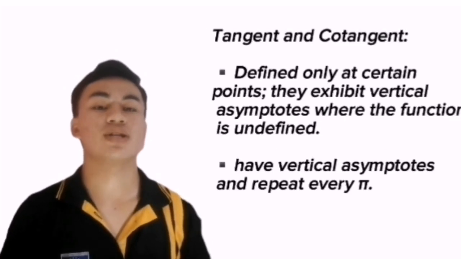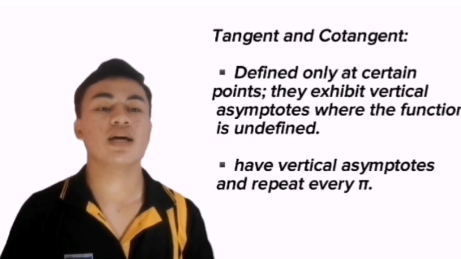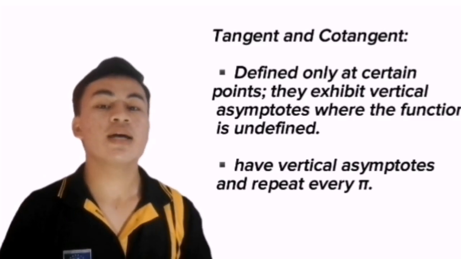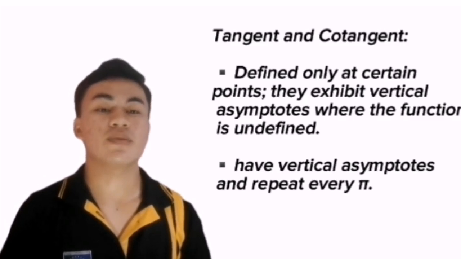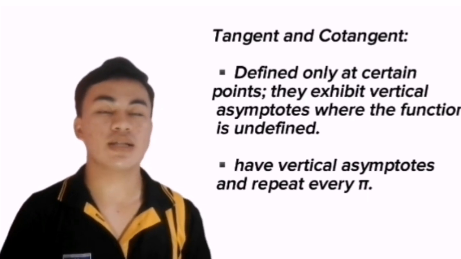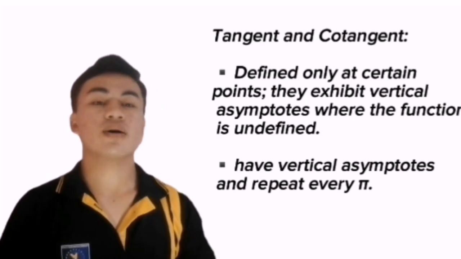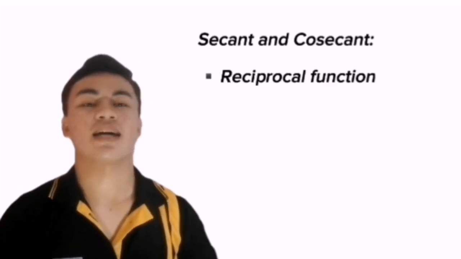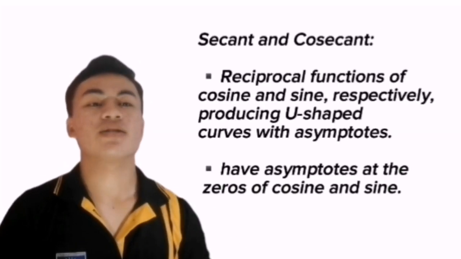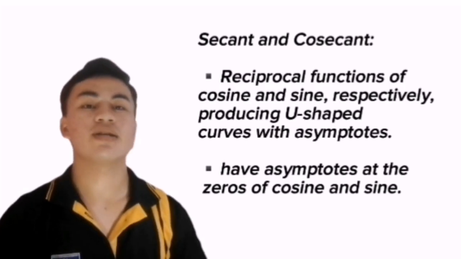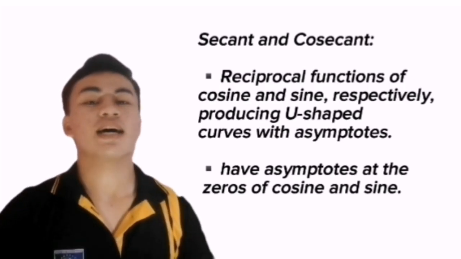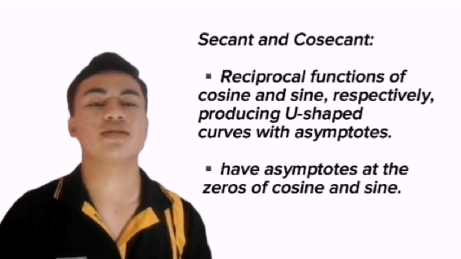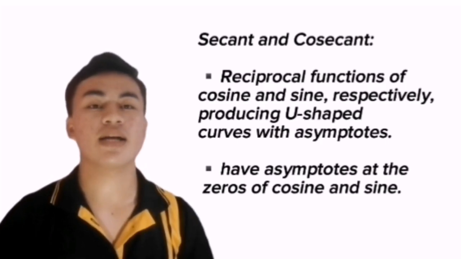Tangent and cotangent: defined only at certain points, they exhibit vertical asymptotes where the function is undefined, and they repeat every pi. Secant and cosecant: reciprocal functions of cosine and sine respectively. They also have asymptotes at the zeros of cosine and sine.